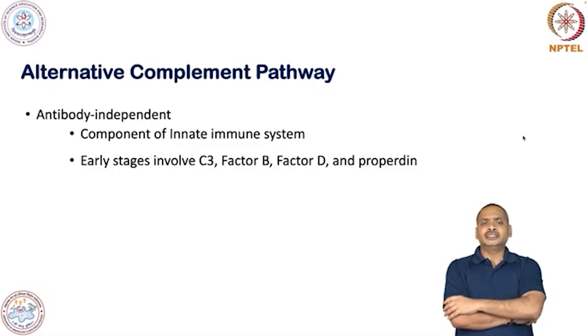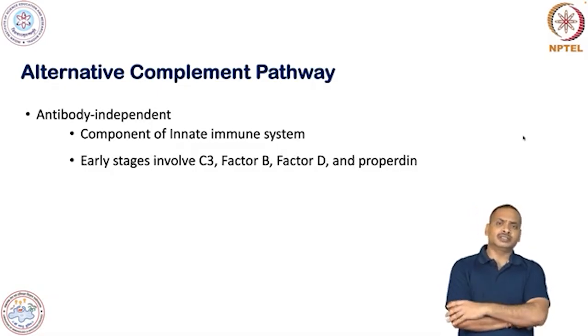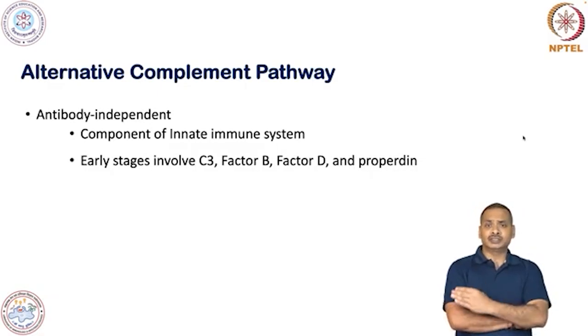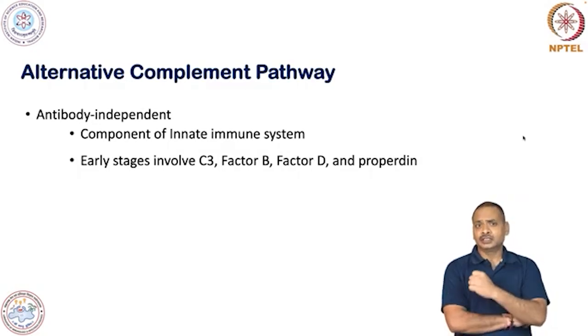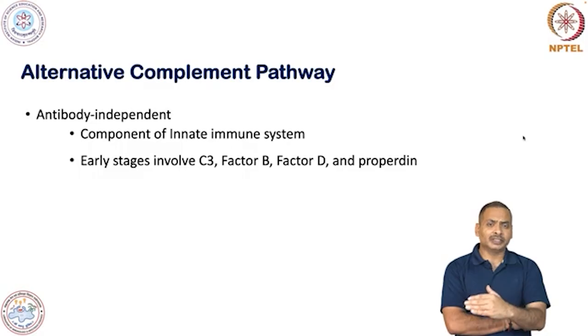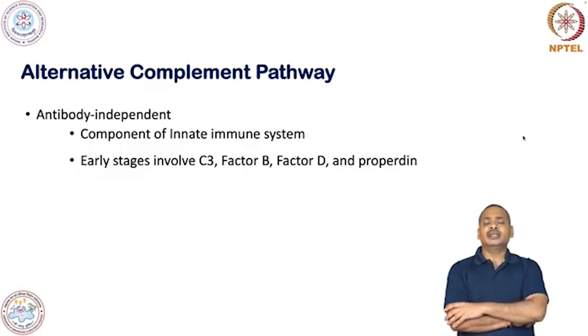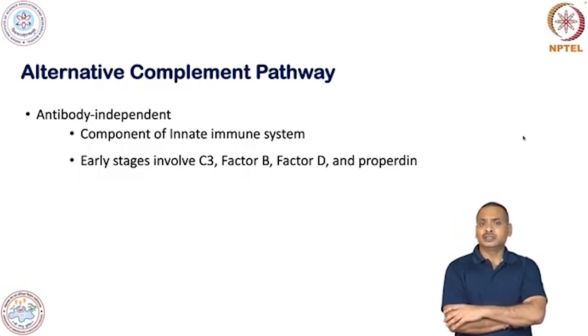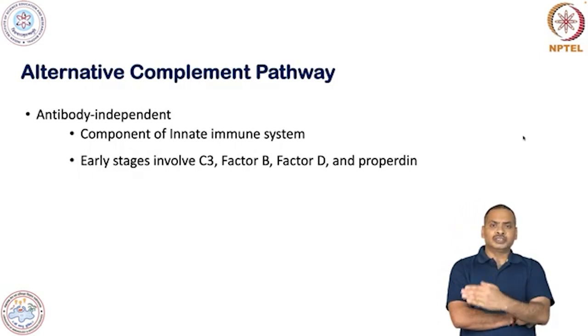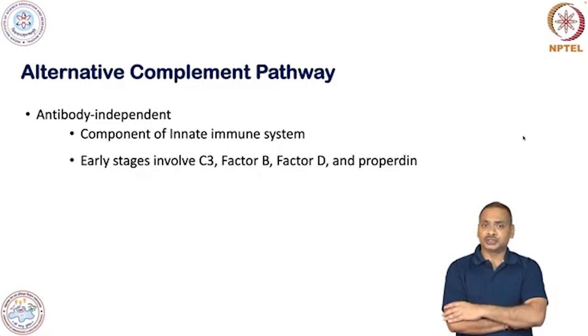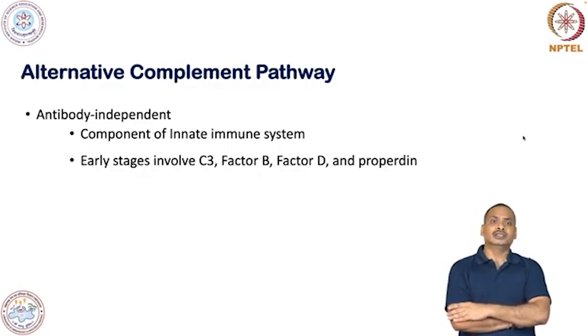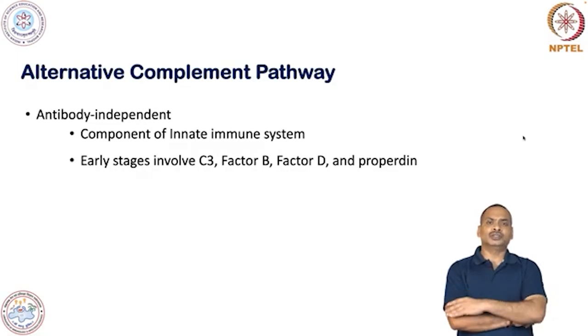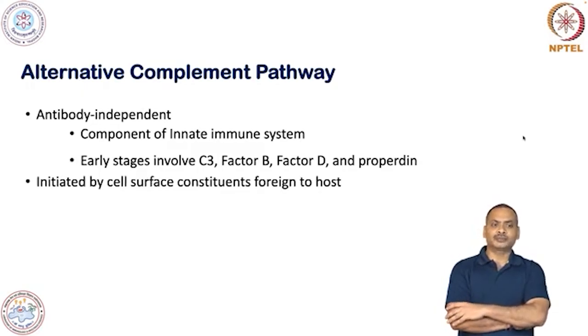One of the key molecules playing an important role in this complement pathway is C3. Others are factor B, factor D, and properdin. So we will see how these molecules are involved in activation of the alternative complement pathway.